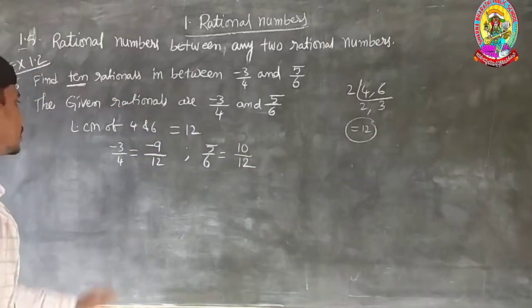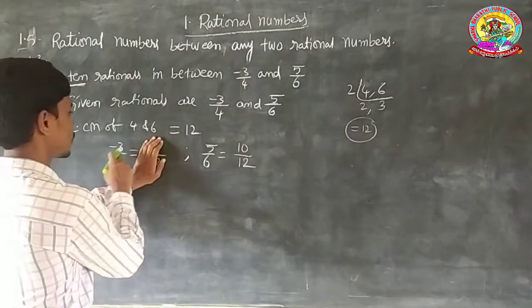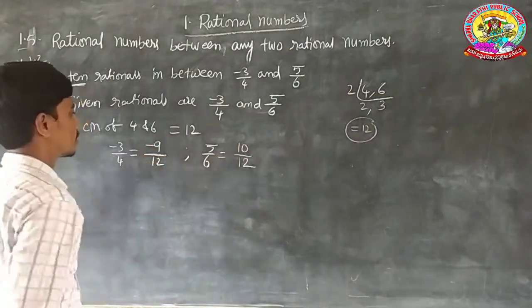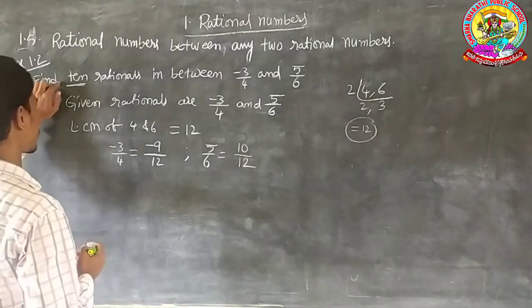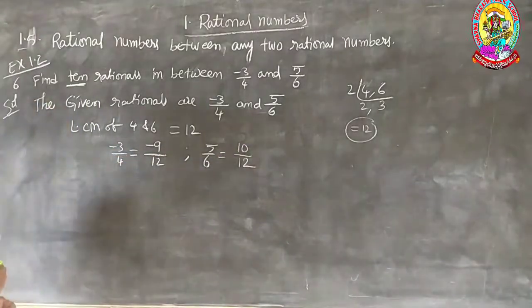So this is the like fraction form of -3 by 4 and 5 by 6: -9 by 12 and 10 by 12. Then write the rational numbers between -9 by 12 and 10 by 12. There are a lot of numbers in between.